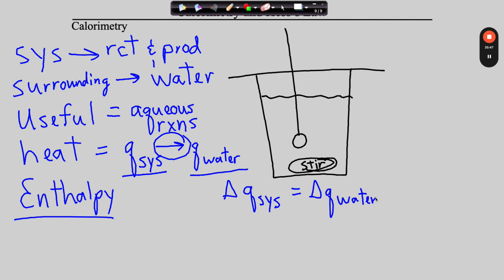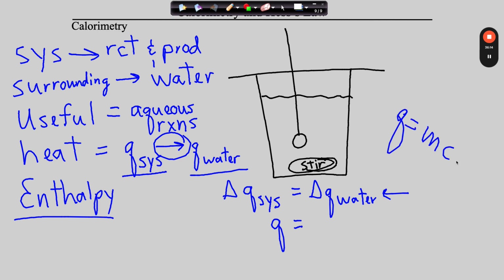But now, guys, watch what we can do. We have established that the water is going to change temperature. And at this point, we can say that the energy lost by the system is equal to the amount of energy gained by the water. But guys, we know this.